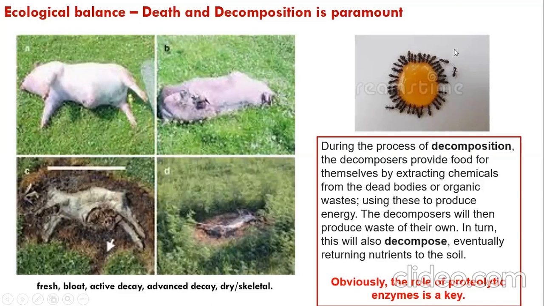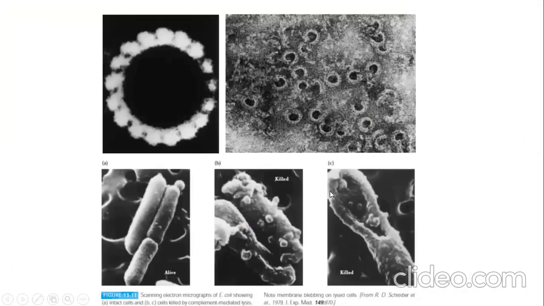In the same manner, the pathogens will be attacked by the immune cells in a specific coordinated manner, on a specific timeline, where they kill a pathogen. We will see how they do that. One fundamental example to look at in terms of decomposition is that the proteolytic enzymes play a key role, because our body is composed of different membranes, proteins and complexes. The proteolytic enzymes play a key role in decomposing the body here.